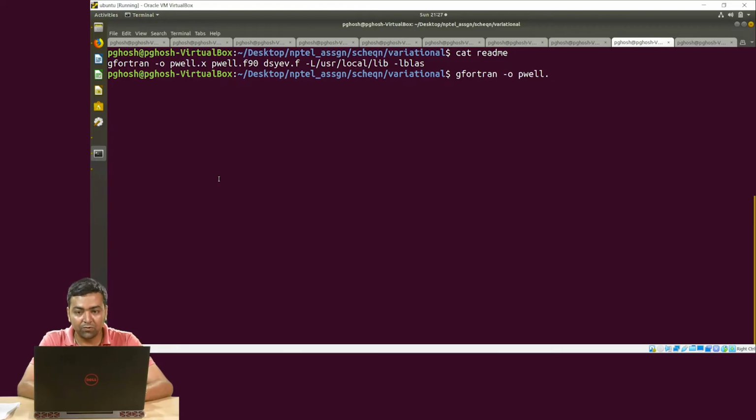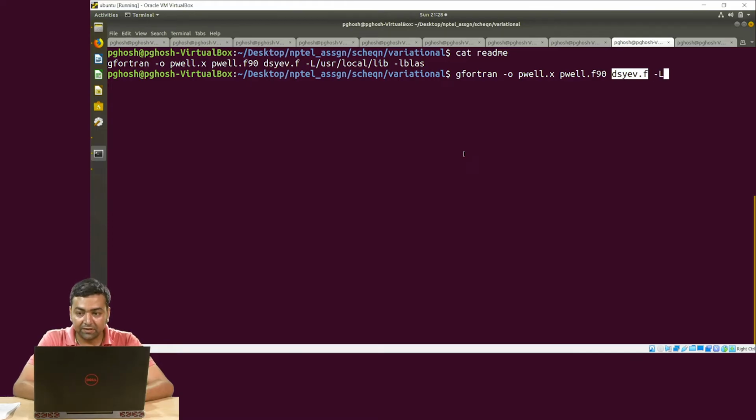The compiled output is stored in this file pw.well.x. Then the name of the main program which I want to compile, and the name of the subroutine which I will be using to diagonalize this matrix. This particular subroutine needs to be linked to your BLAS library. So, that is done in the following way.